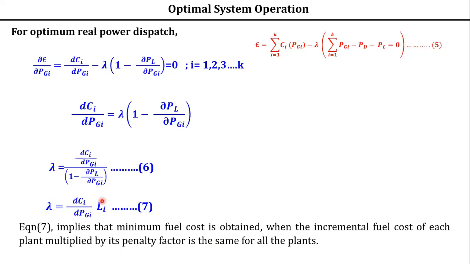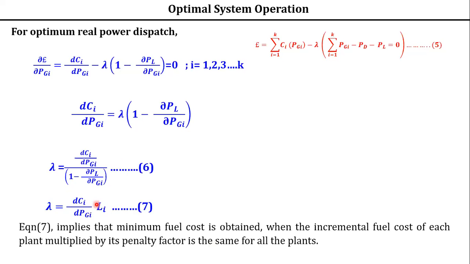Li is known as the penalty factor. So what is Li? 1 divided by 1 minus ∂PL/∂PGi. Clear? So Li is known as the penalty factor.